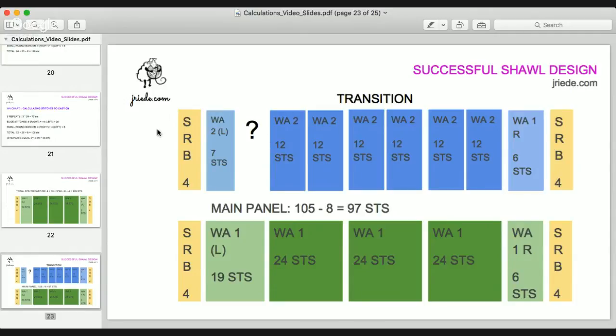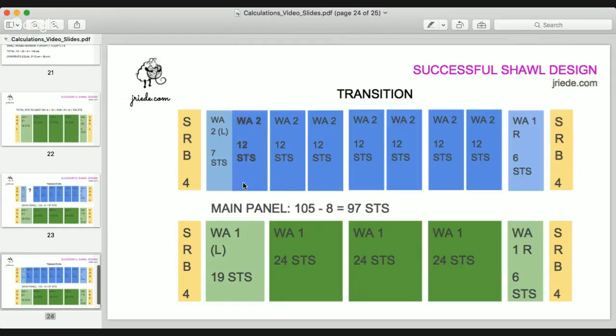In this case, it's relatively easy. We have 7 side stitches on the left and 19 here for the first chart. So basically, the question is 7 plus how many stitches equal 19? In this case, it's relatively easy. It's 12 stitches, of course, because 7 plus 12 equals 19.